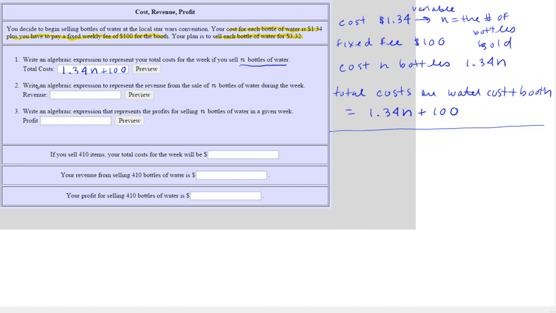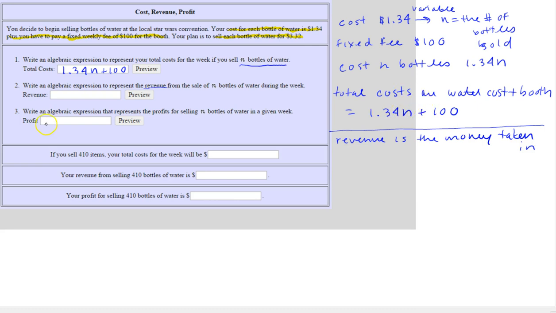Now let's think about the next question. It asks us to write an algebraic expression for the revenue. And revenue is the money taken in. So by that I mean your profit would be the money you earn minus the amount of costs that you had.